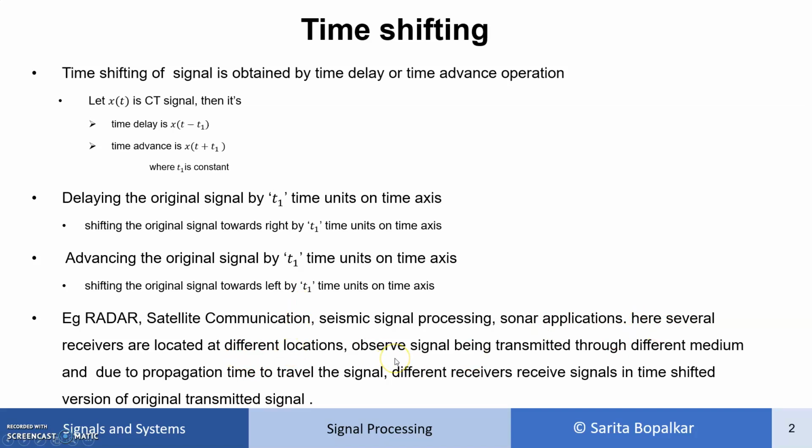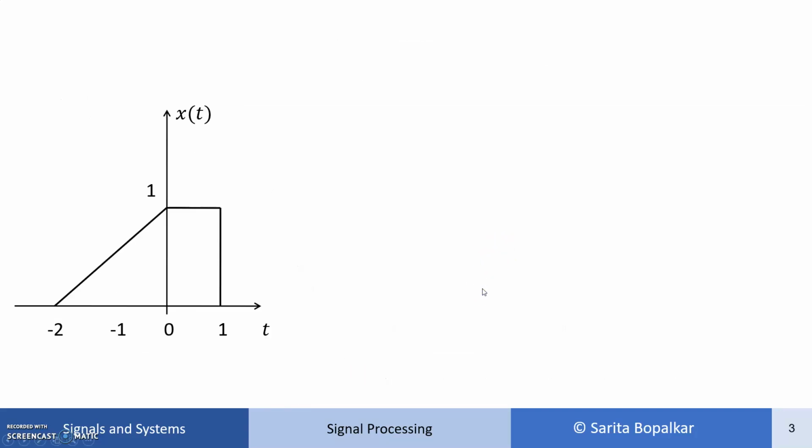So our observed or required signal is transmitted through different media, and due to the propagation time, the receivers may receive the signal as a time shifted version of the original transmitted signal. Some receivers may receive the signal at a particular time, then other receivers receive it with some delay. The same signal gets received at different receivers in time shifted mode. And this is the application of the time shifting operation.